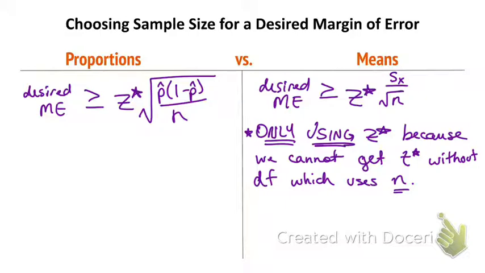Kind of the same problem that we had over there with p hat. If I have not taken the sample, I'm trying to figure out how big of a sample to go take, then what's my sample standard deviation? I don't have one yet. So I'm going to have to estimate S sub x with a previous standard deviation, kind of like I did with p hat. There is no guess value because means can be any number, so it would have to be given to you in the problem.